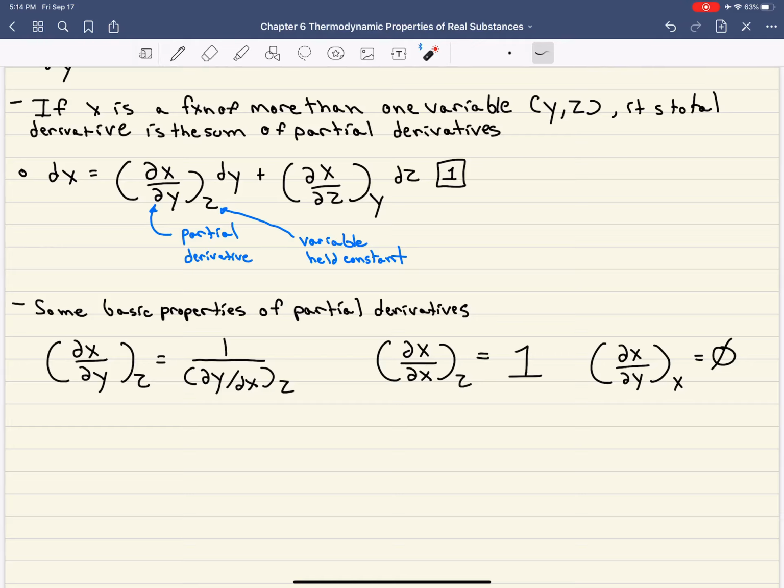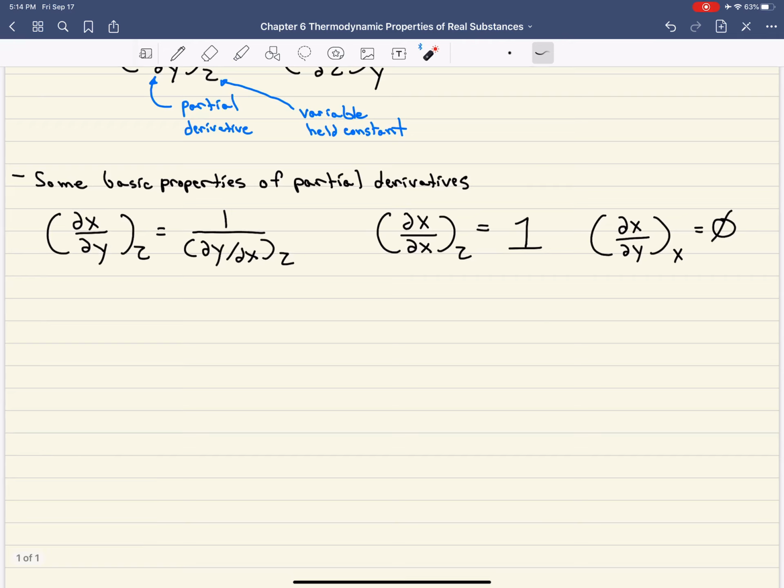Because it's saying that x is constant, so if we took a derivative of it, that derivative would be 0. Okay? And so these are all sort of basic, straightforward properties of partial derivatives. But using these very basic properties, we could also look at some more complex properties of partial derivatives as well.